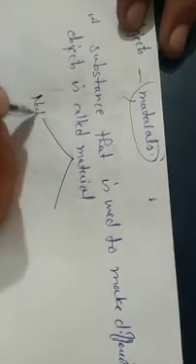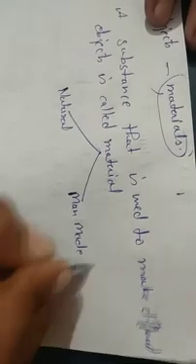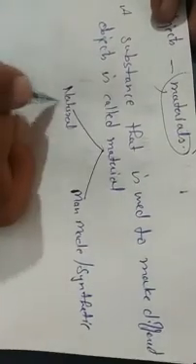Now, materials can be natural as well as man-made, or you can call it synthetic. For example, natural: wood is a material used to make a table. Table is your object, wood is your material.